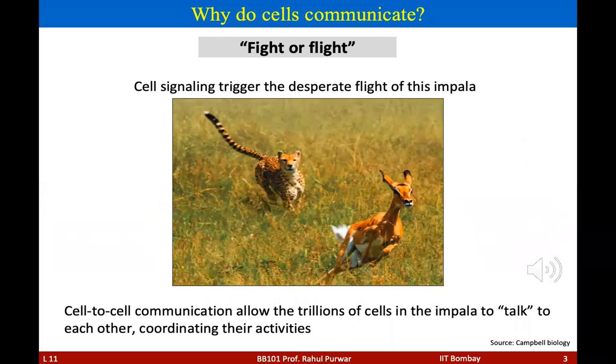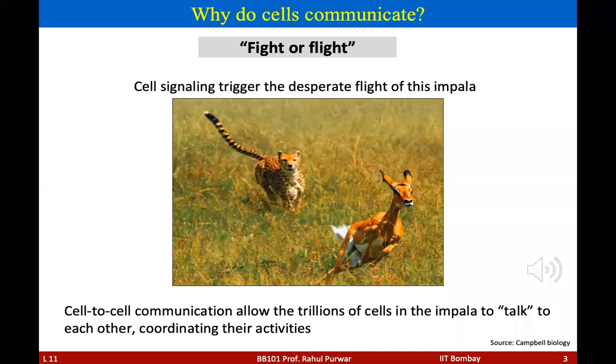Why do cells communicate? For example, as I mentioned, this good example of the impala, of fight or flight. Once they are under attack, every body cell has to communicate and allow these trillions of cells in the impala to talk to each other and coordinate their activity.